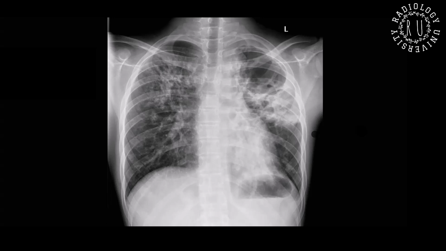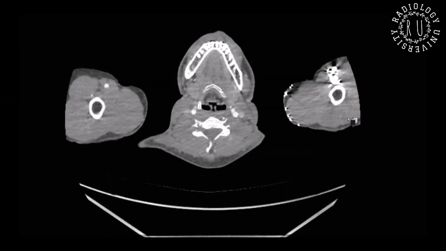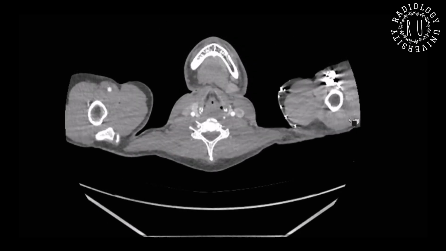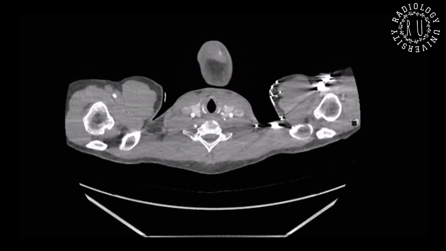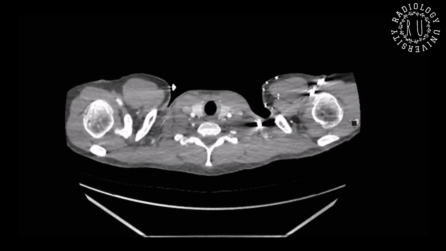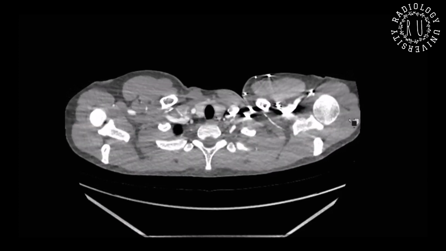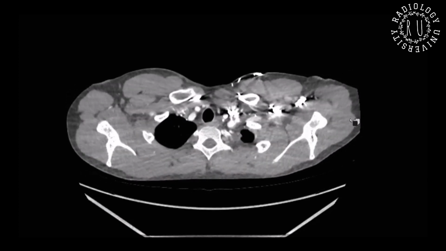Okay. I'm given a contrast CT thorax in soft tissue window.